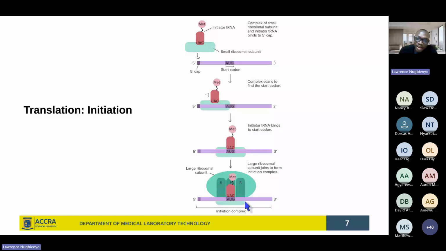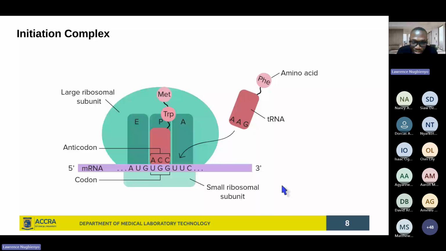Now let's zoom in into the initiation complex. So the initiation complex, particularly the large ribosomal units, is having three distinct sites that are referred to as the E site, the P site, and the A site.